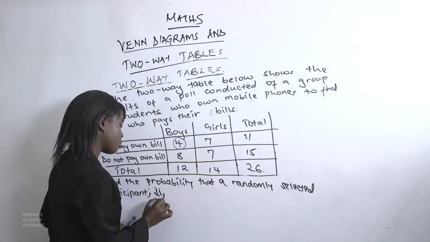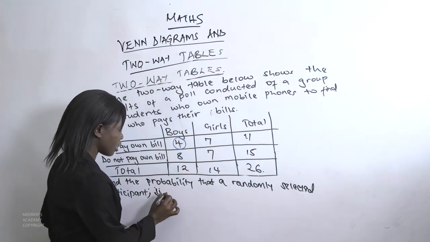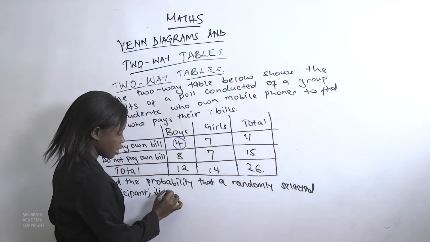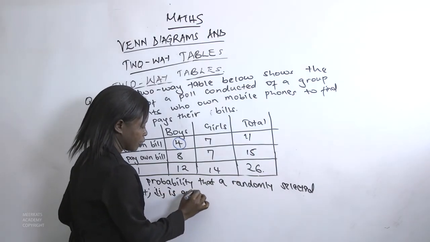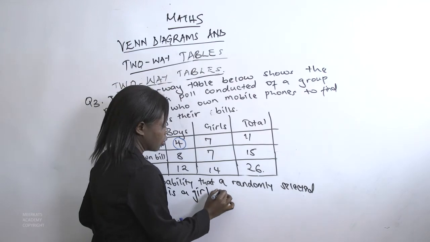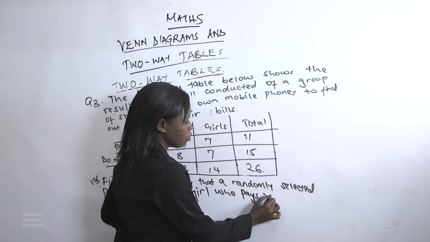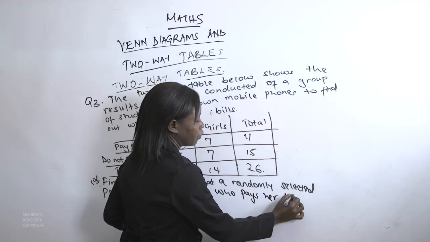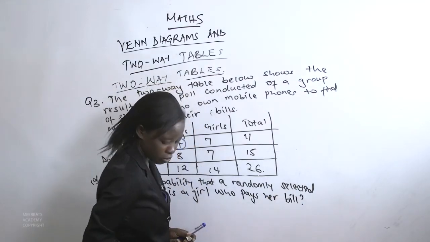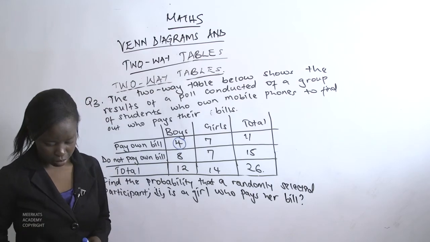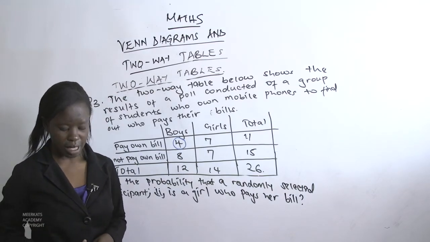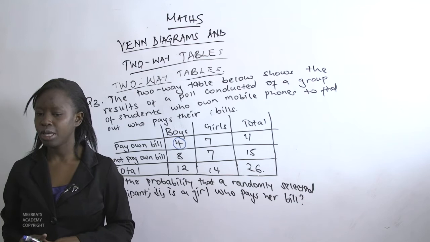Part 2 is the probability that the student selected is a girl who pays her own bill. So we need to get the probability that the student selected is a girl who pays her own bill.